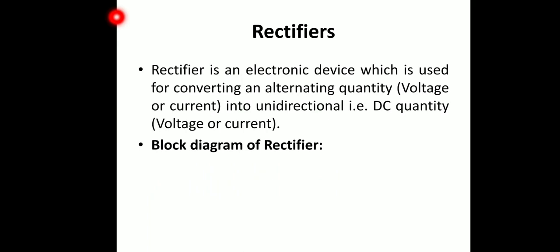In simple words, a diode allows electric current in one direction. This unique property of the diode allows it to act like a rectifier.